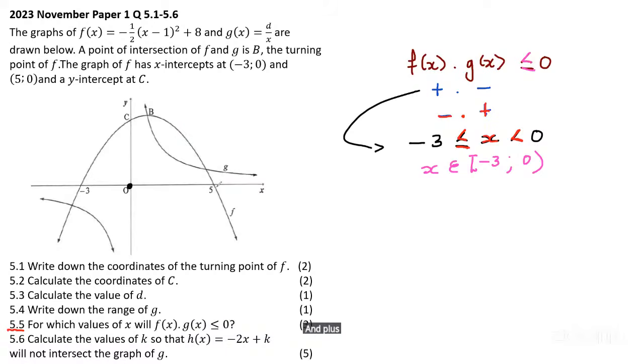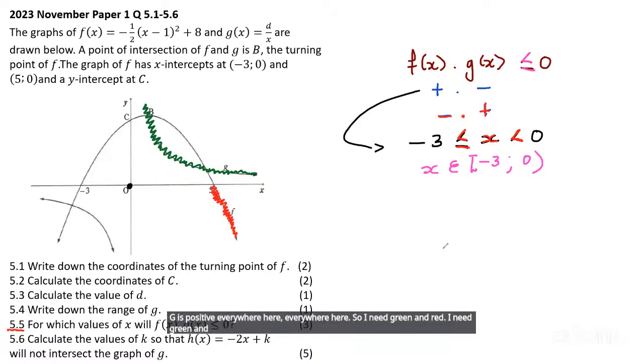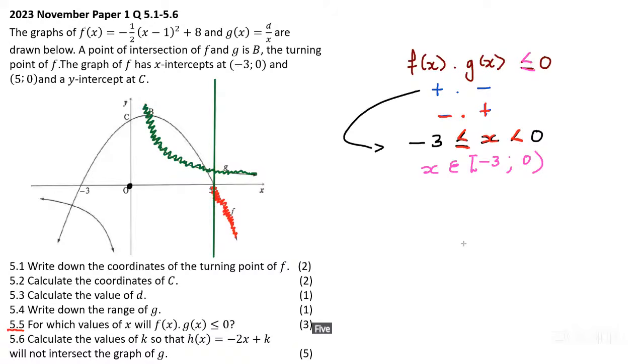So who's negative? I want f negative, below. I want g positive. g is positive everywhere here. So I need green and red. I'm thinking green and red starts anywhere after 5.